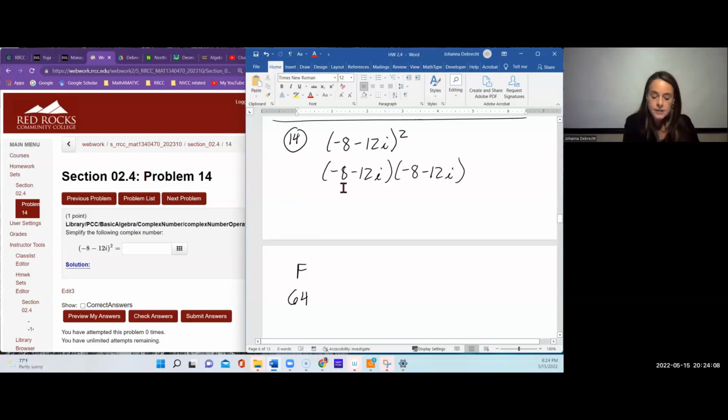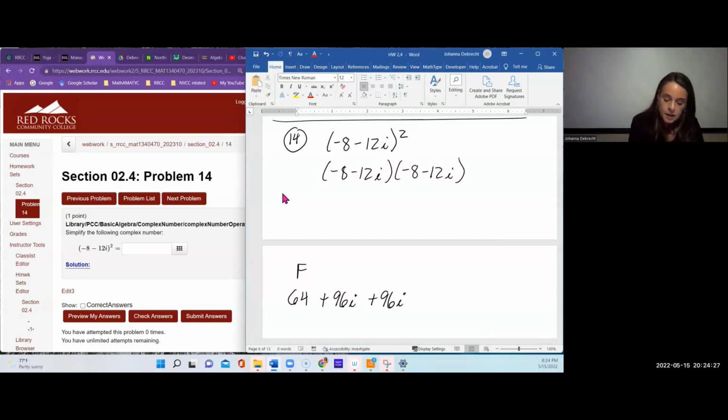The outer gives us a -8 times a -12i, and the double negative gives us a positive 96i. On the inside, the -12i times the -8 gives us another 96i. Notice that this doubles. This always happens with something that looks like a binomial being squared.